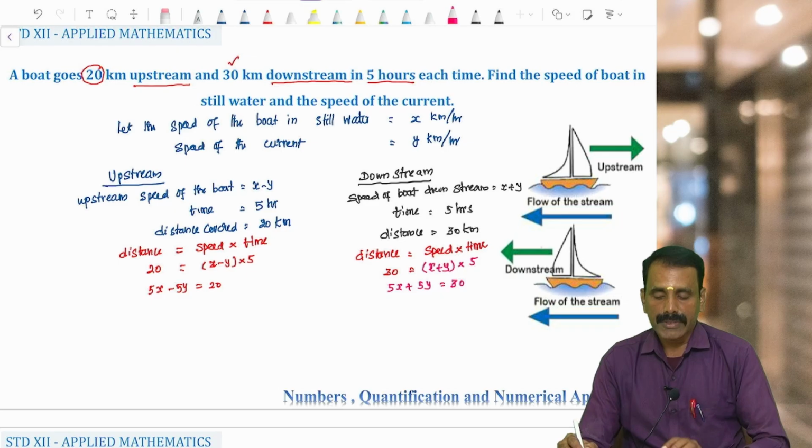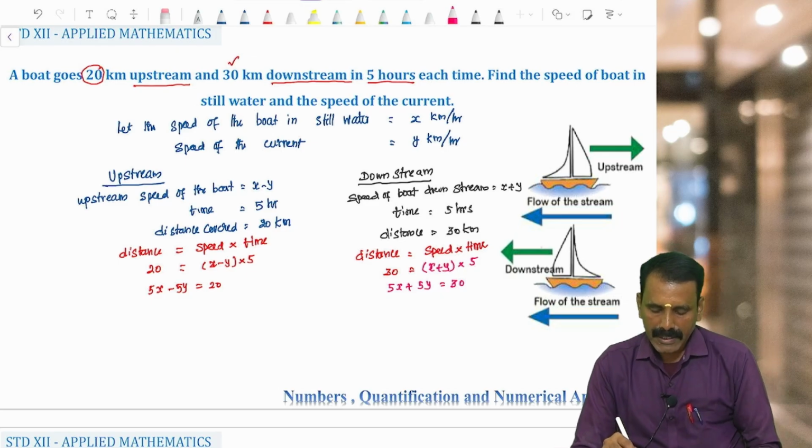Now we have to solve these two equations. The first equation is 5x minus 5y equal to 20.